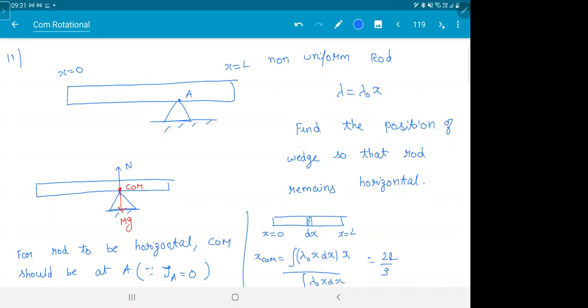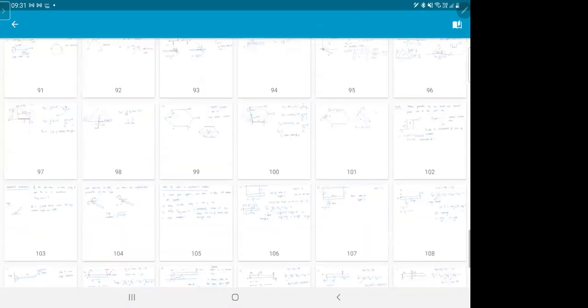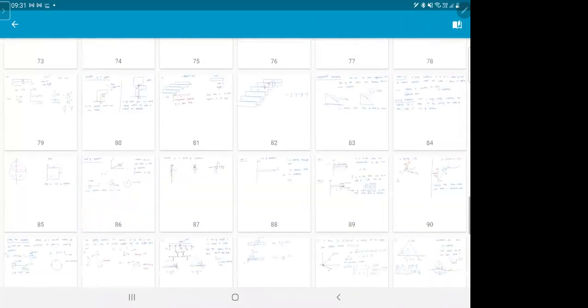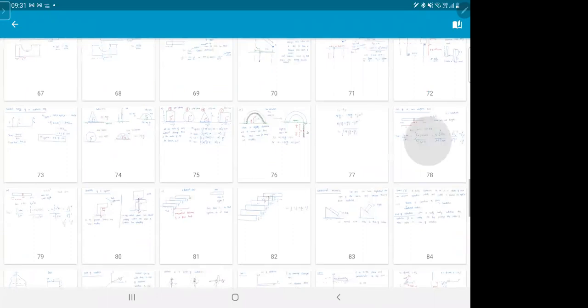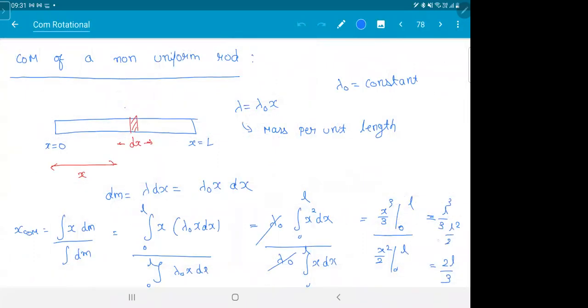If you're wondering where you got this from, you can go here. This was a question, 2L by 3. This we did just before the starting torque. Same question, lambda naught x.